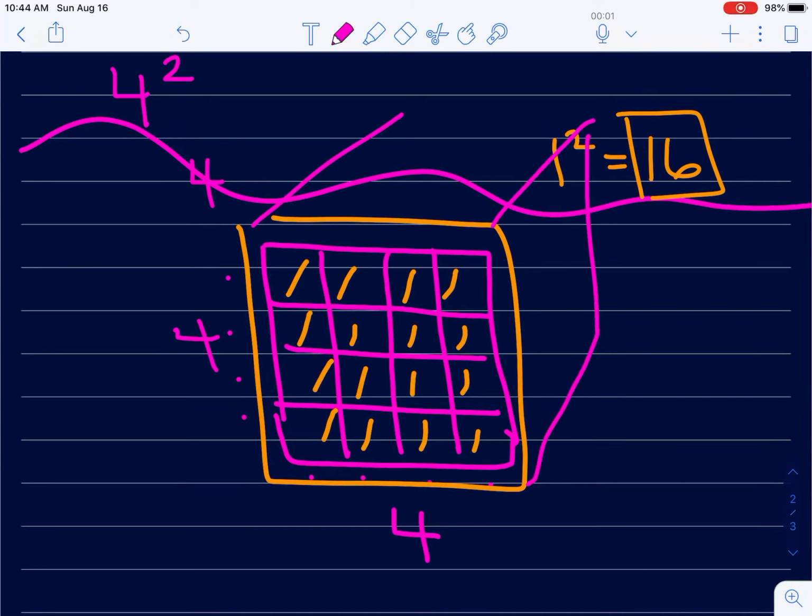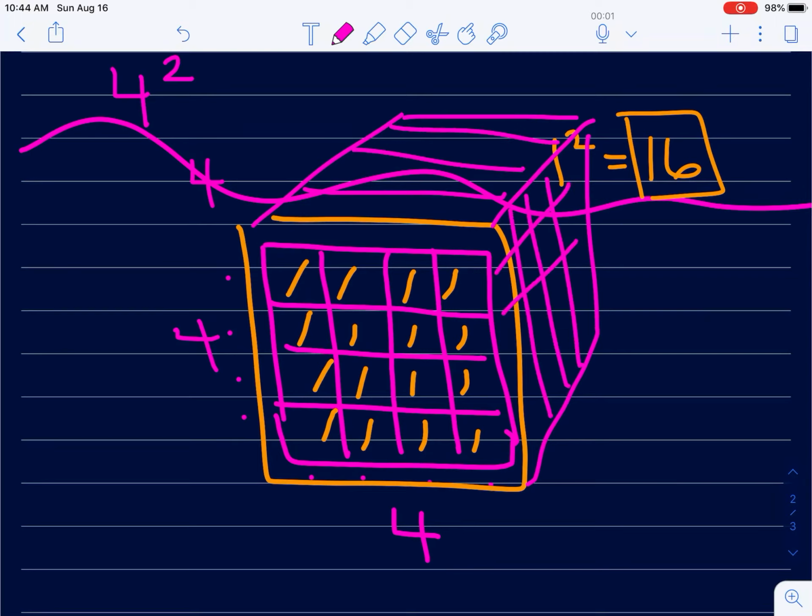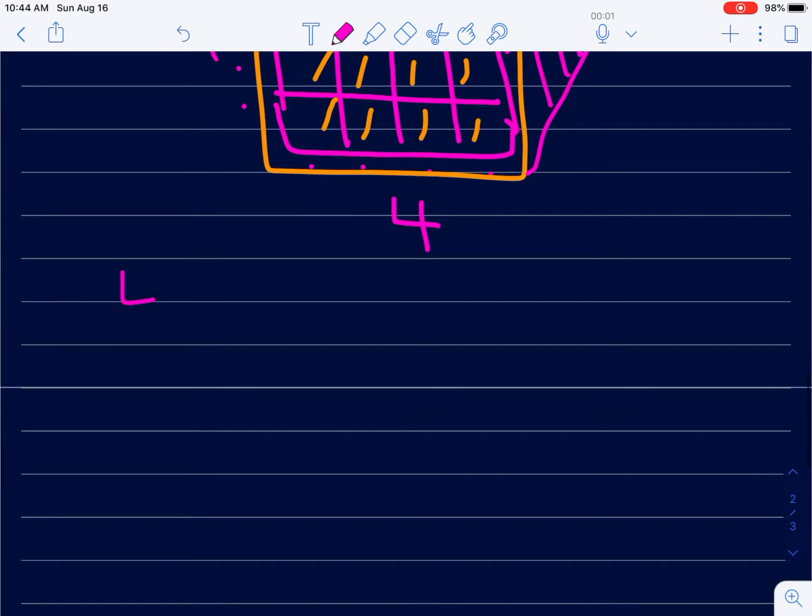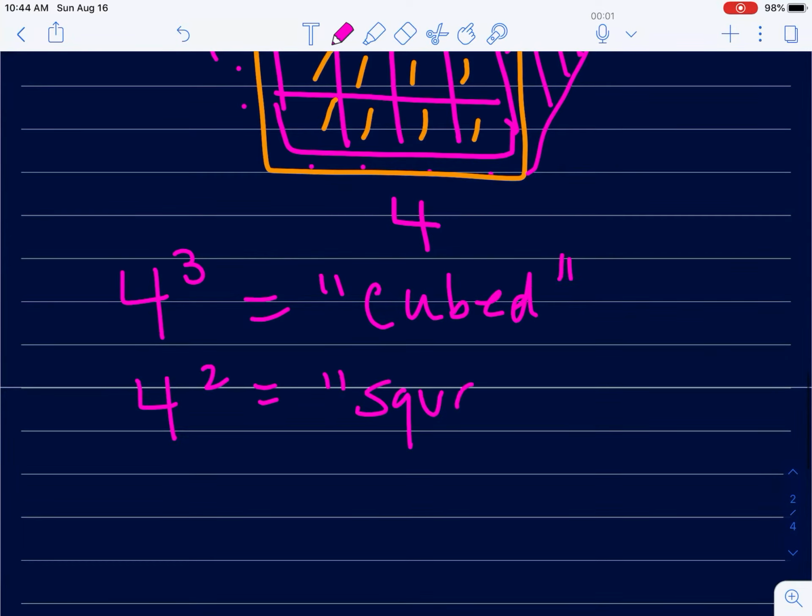It would make a cube. It is actually a cube. In this direction it would be 4 units, and this direction it would be 4 units. So it would be a 4 by 4 by 4 again this direction. So that's why you call it 4 cubed. If it's 4 to the third, that's cubed. And that's why we call it squared if it's to the second, because it's like a 4 by 4 square or a 4 by 4 by 4 cube.